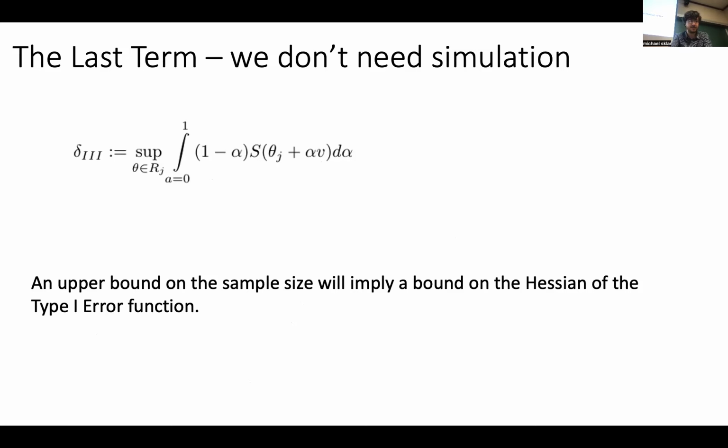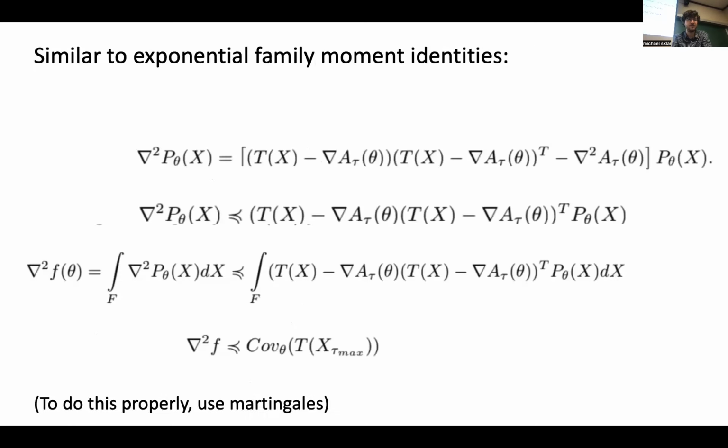The argument for this is not too dissimilar from exponential family moment identities, where if you were to write out the Hessian of the likelihood for an exponential family, you get this kind of quantity here.